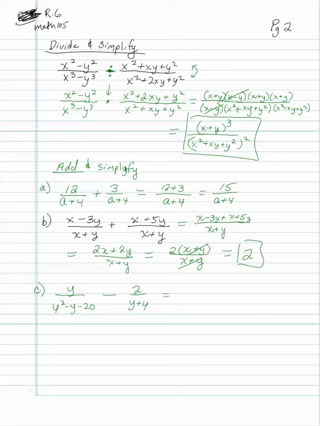So my first step is I'm going to factor the denominators. So I get factors of 20 that subtract to 1, so it's 5 and 4. Put in my signs. And I move that minus to the top there, just to keep track of it.